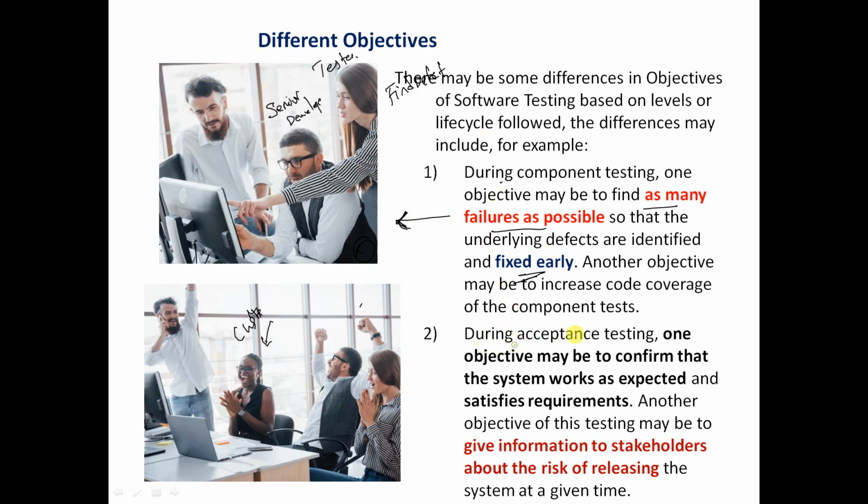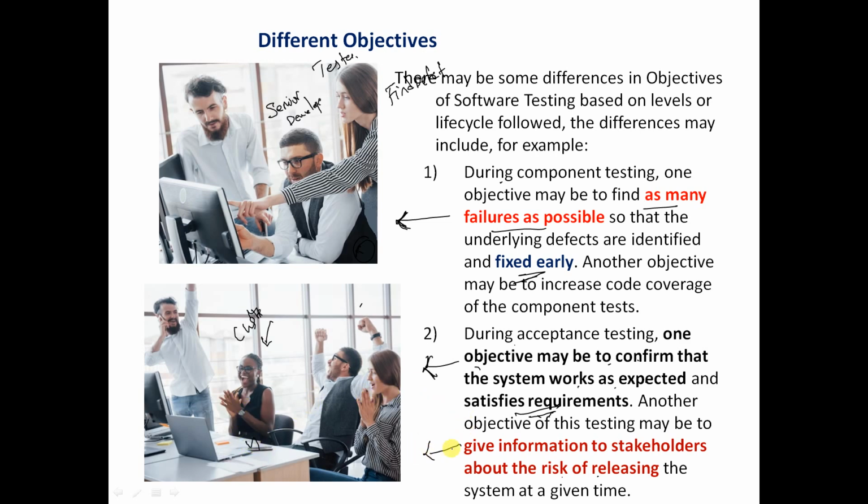And in acceptance testing, one objective may be to confirm that the system works as expected and satisfies the customer requirements. Another objective of this testing may be to give information to the stakeholders about the risk of releasing the system at the given time. So we have seen three objectives here. The first objective is to find as many failures as possible. The second is to ensure that the software is working as per the customer's requirements.